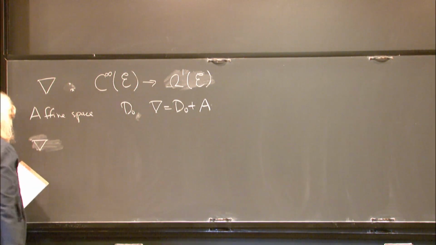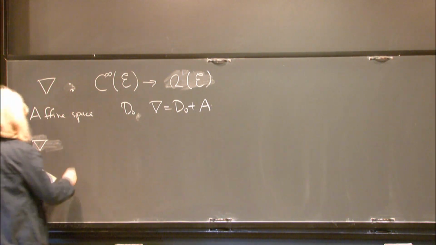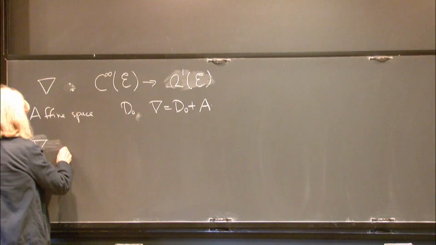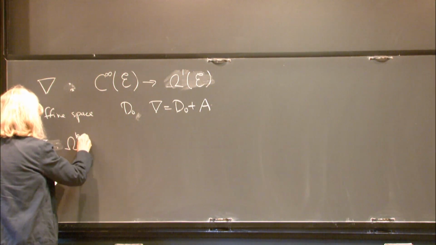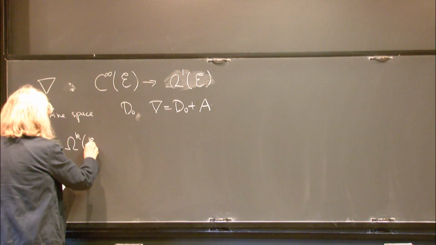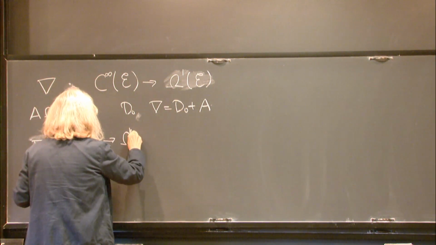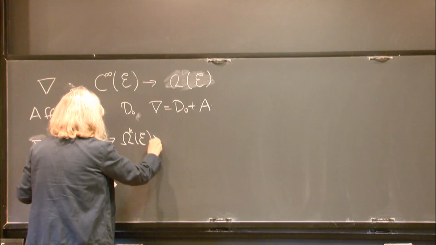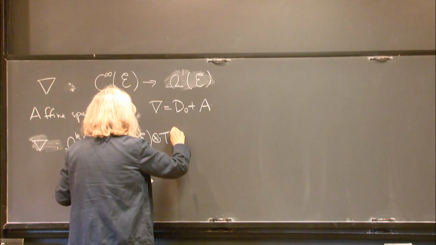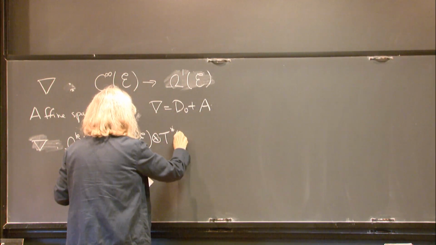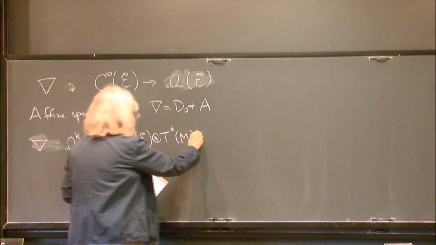By extension with the Riemannian metric, the connection actually will map gamma k of E to, and the problem is this does not go, it goes into this, and there's a projection of this.